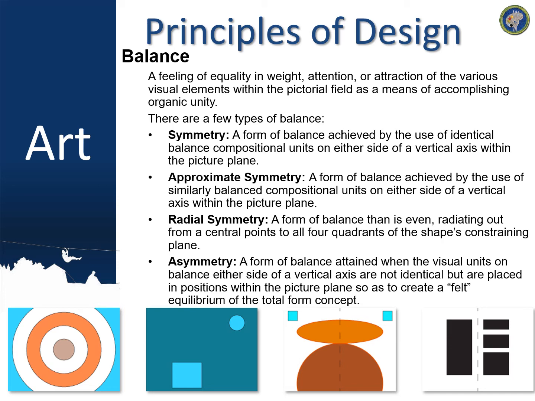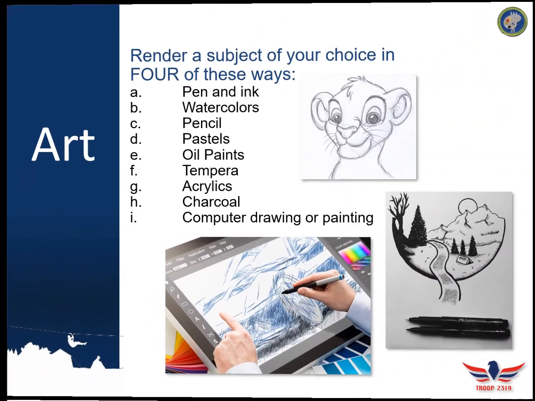Now that you've learned about the 13 principles of design, return to requirement 2 to show examples of each element by drawing a line, value, shape, form, space, color, and texture.